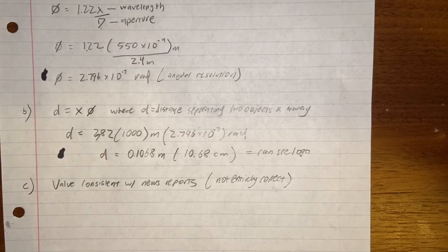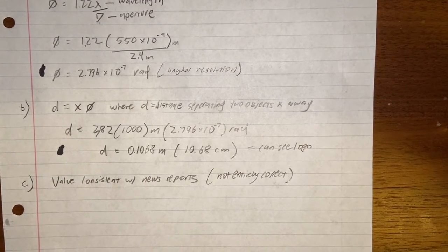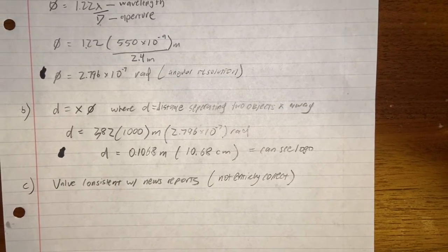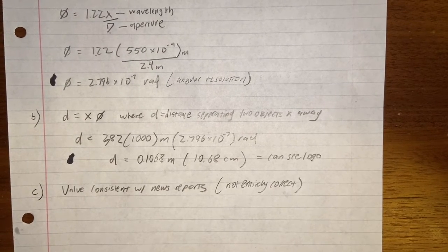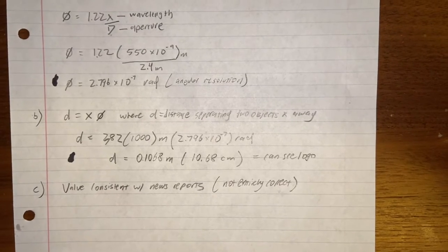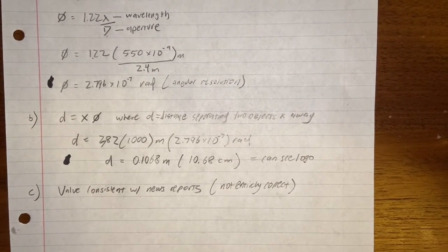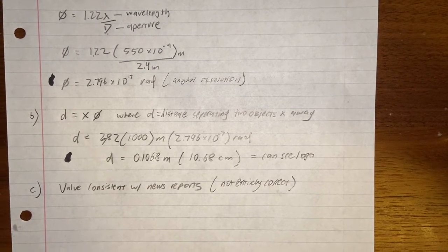For the second part of the problem, we're trying to find the corresponding spatial resolution of the satellite for objects on Earth. We also want to know whether or not it would be sufficient to read the logo in the end zones of Auckland Stadium. So we can use the equation d equals x theta, where d is the distance separating the two objects, a distance x away.